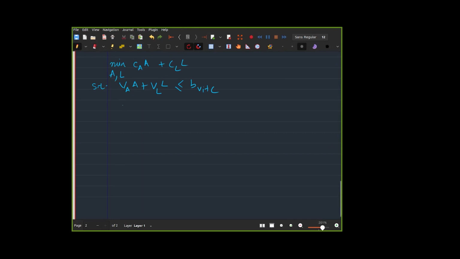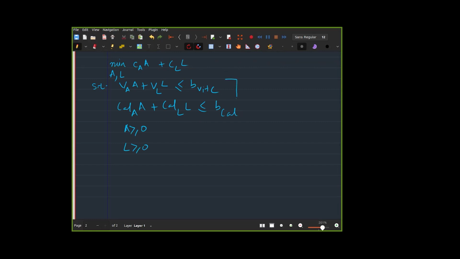So let's say the calorie of apple times apple plus the calorie of lemon times lemon is less than or equal to our calorie budget. And then we had 2 more constraints on A and L because they should be non-negative, right? So A is greater than or equal to 0, L is greater than or equal to 0.